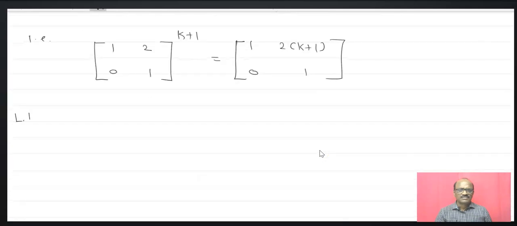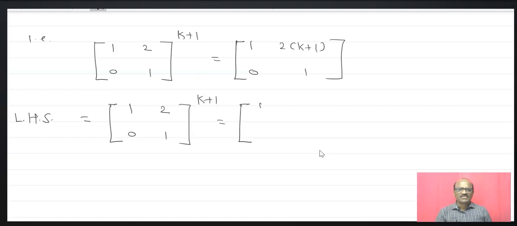Now LHS is [1 2; 0 1] raised to k plus 1, that is [1 2; 0 1] raised to k times [1 2; 0 1].